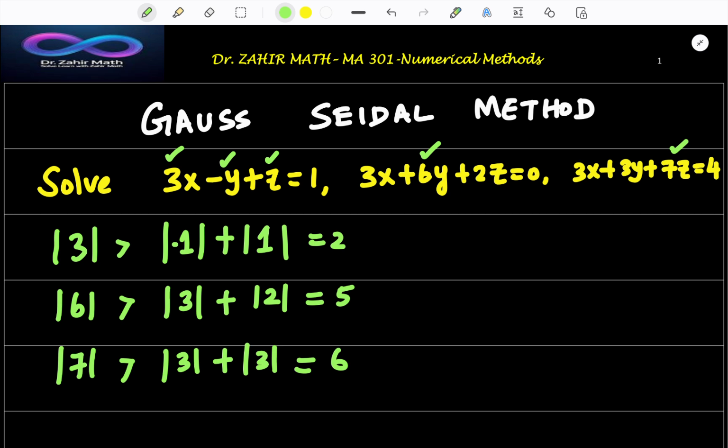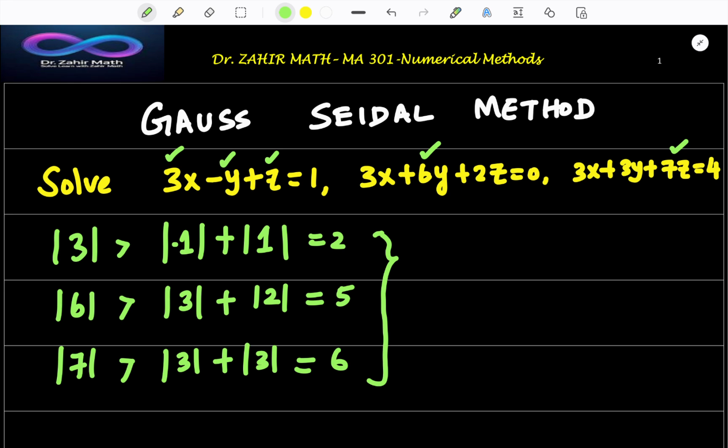If this condition is not satisfied, please interchange the equations according to this condition, then you start your calculator work. Otherwise, you will not get the answer. In certain steps, the calculator will give you an error. For example, you type all the formulas and just keep pressing equal. In the third or fourth step, the calculator will give you an error.